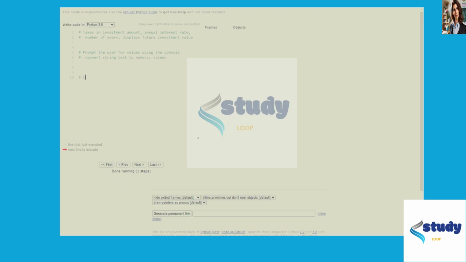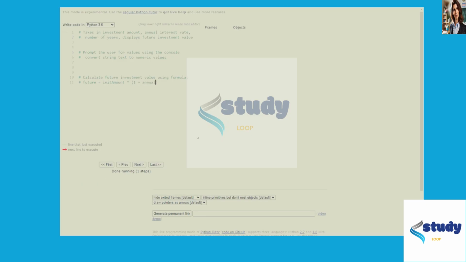That's step one. Step two is to calculate the future investment value using the formula. Let's see, what do they give us? Future value is equal to the investment amount, call it initial amount, multiplied by 1 plus the monthly interest rate.